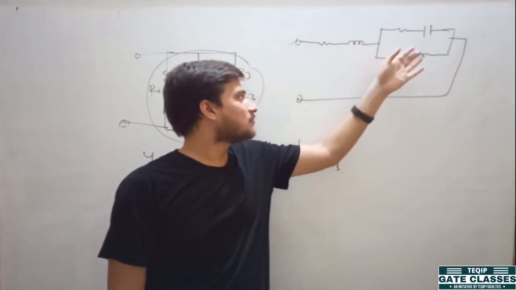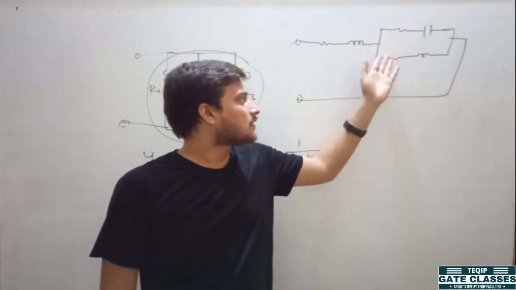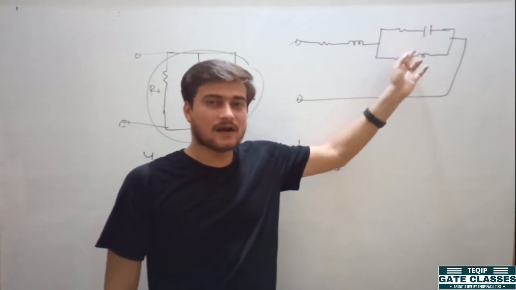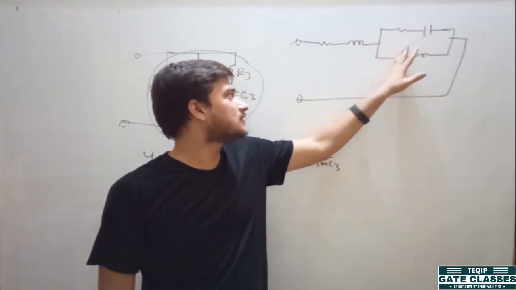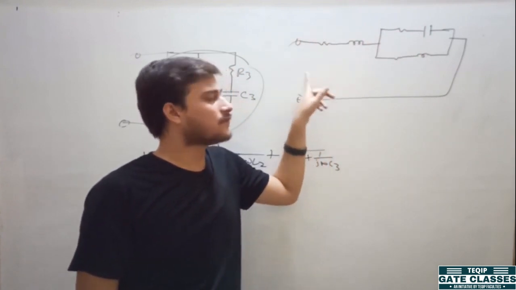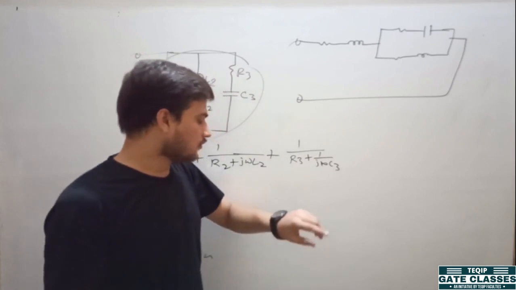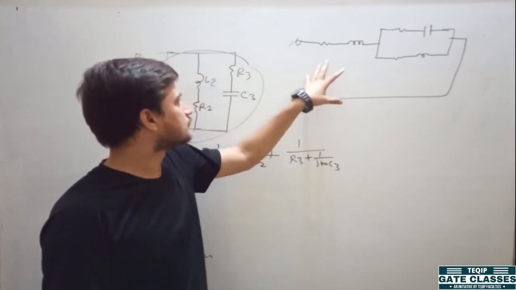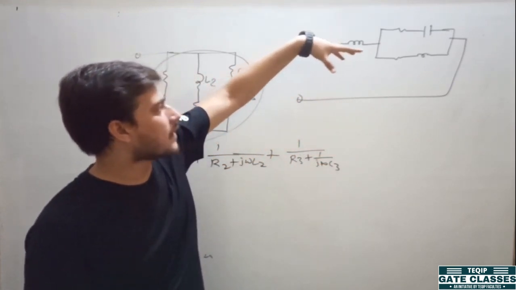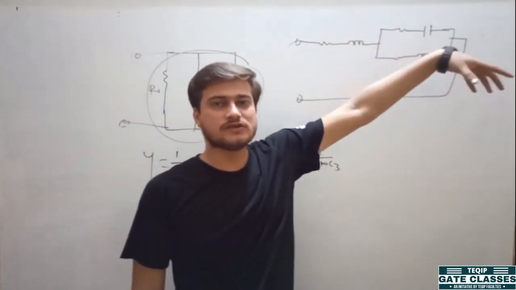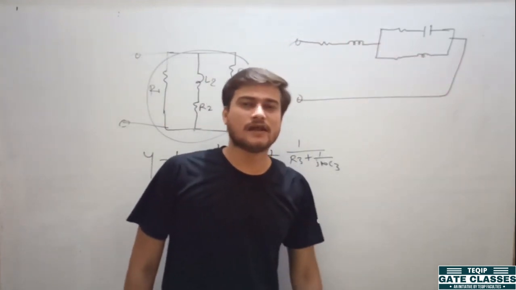That means first you will have to find the equivalent impedance of this parallel network, and then you will add this with this one, and then you will find the total value. From here you will make the imaginary term equal to 0, and from there you can find the resonant frequency.